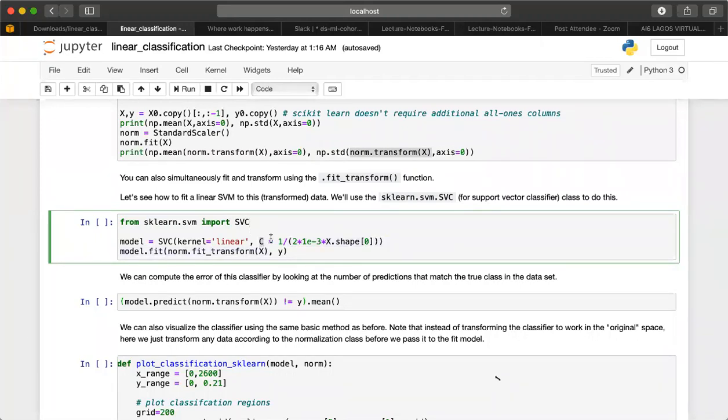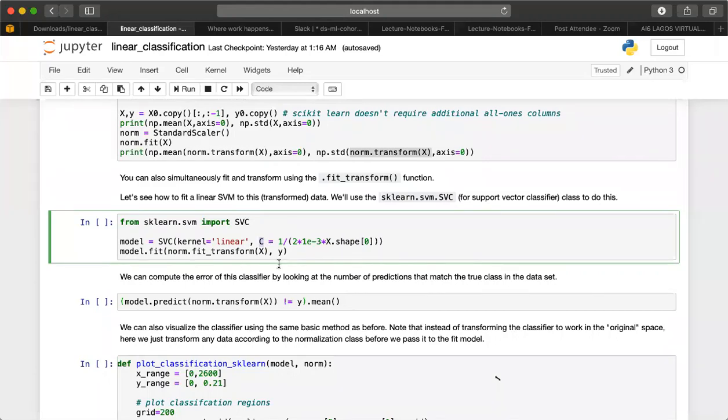So C is the inverse of your regularization. Scikit-learn doesn't take in the regularization parameter as you would have passed it in your equation above.